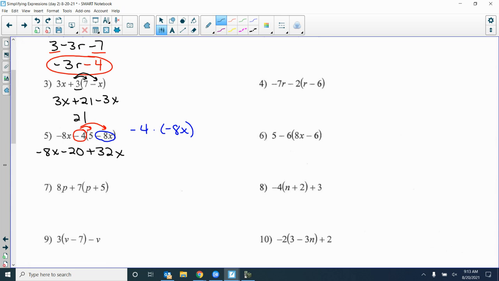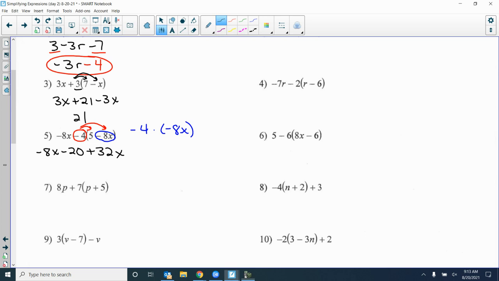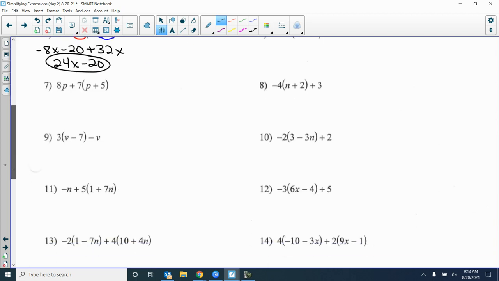Now I've got two like terms: negative 8 plus 32. If it's minus 8 degrees and it goes up 32 degrees, it's going to go through 0, and I'm going to end up at 24. So I'm going to have 24x minus 20. Okay, 24x minus 20.